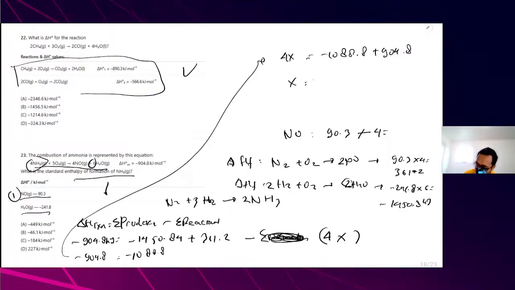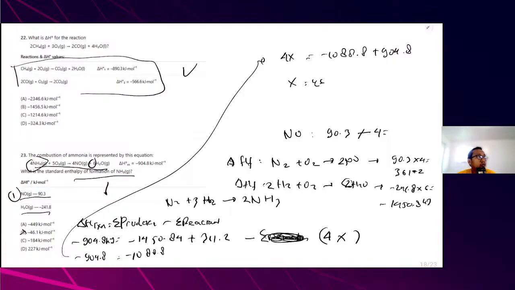So x will be 46. The answer will be P. Number 23 will be P. That's great. So just remember the strategy: use Hess law to write down the formation for NH3, and then write all formula equations and then apply the Hess law formula, which is product minus reactant.